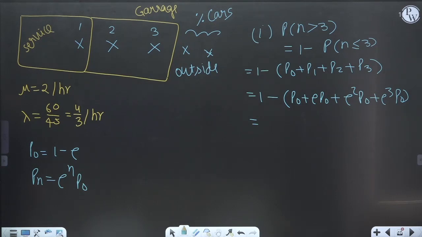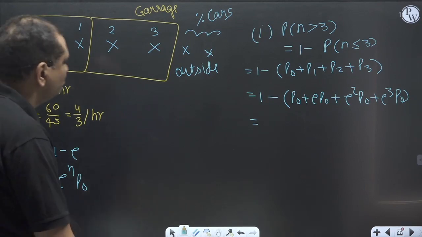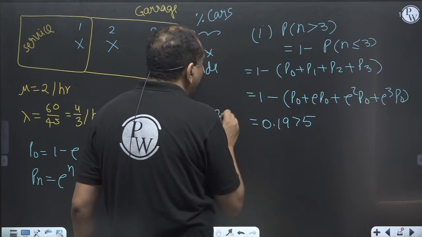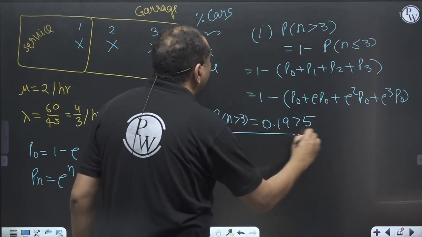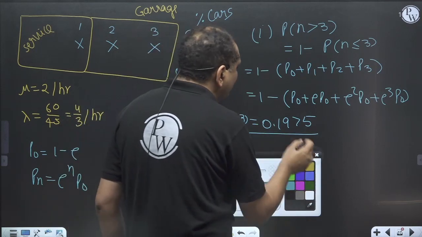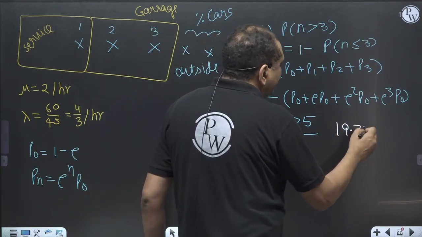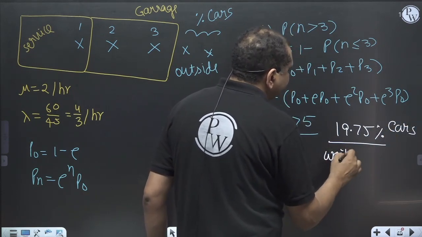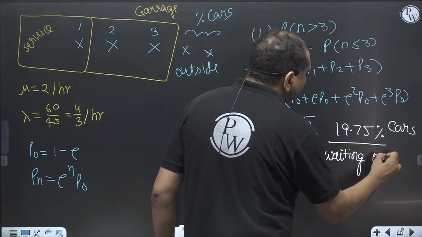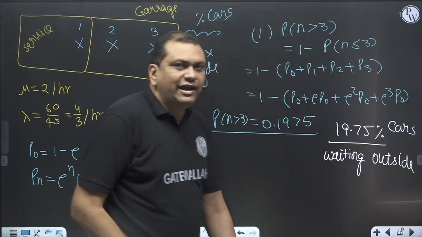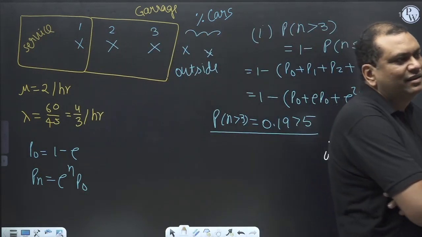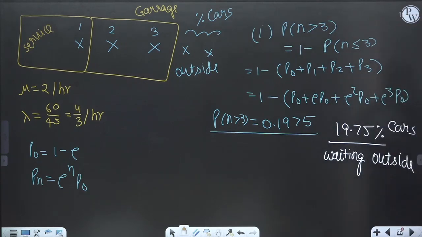It should be 0.1975. 0.1975 is the probability that the number of cars will be more than 3. So 19.75% of cars will be waiting outside.